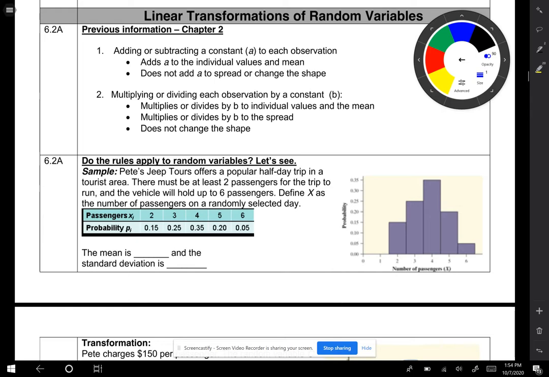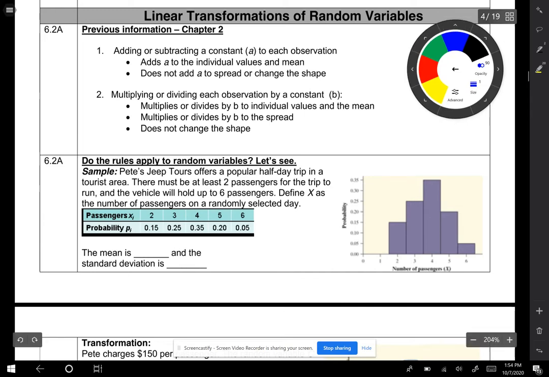Going back to chapter 2, we learned that when we added or subtracted a constant a to each observation, it added a to the individual values and the mean, but it did not change the shape and it does not do anything to the spread.